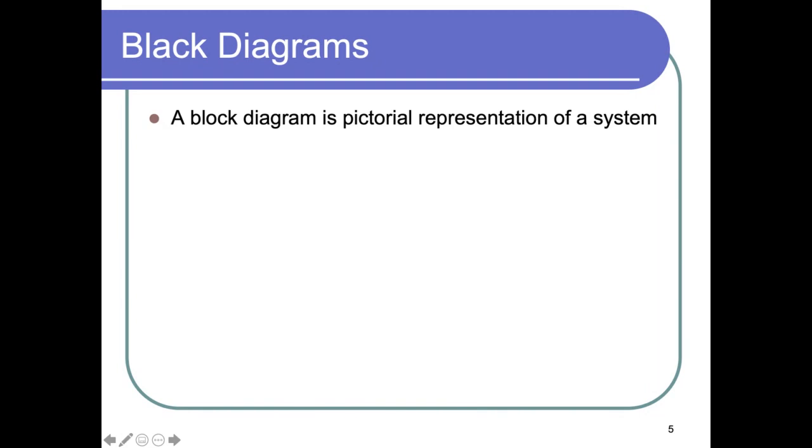Okay, so we have block diagrams. What is the difference between step and impulse? Impulse is like this. Imagine that you have a signal of high magnitude with a small width.